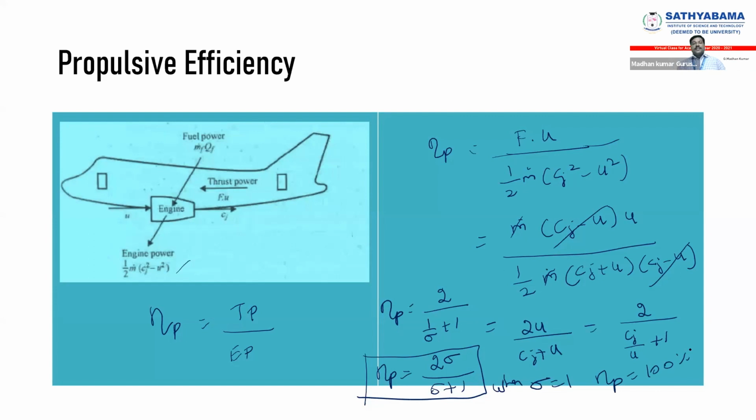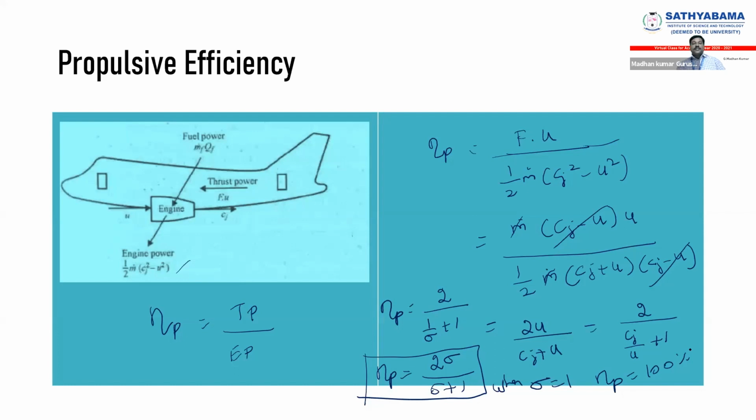The thing is, when you increase the thrust power, your propulsive efficiency will improve, right? But if you are not going to worry about the engine power, then it becomes difficult to work.